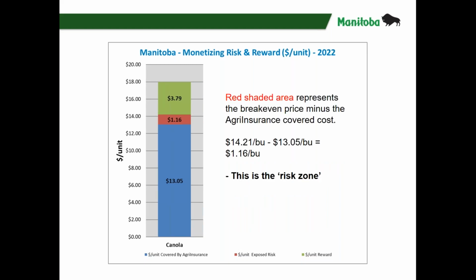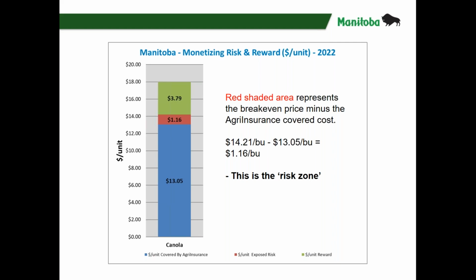Moving up into the red shaded area, that $1.16 is essentially the difference between our break-even price and our acre insurance covered costs. If you remember back several slides, our break-even on canola was $14.21 a bushel.